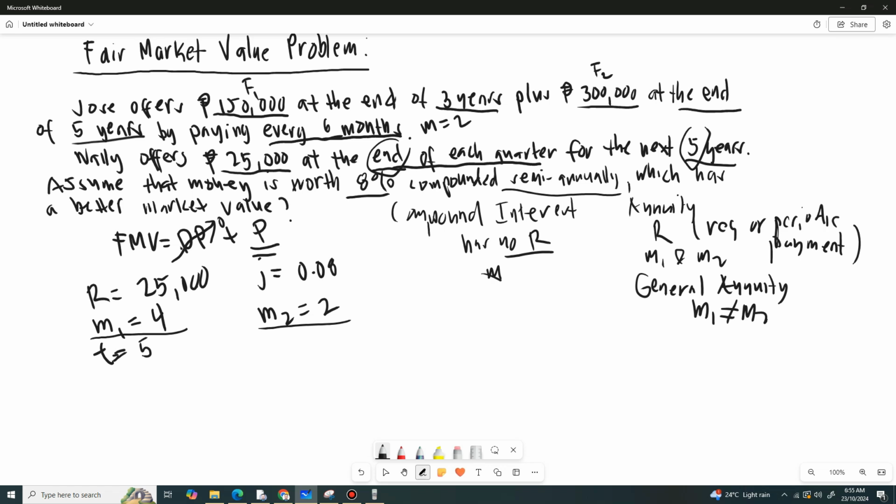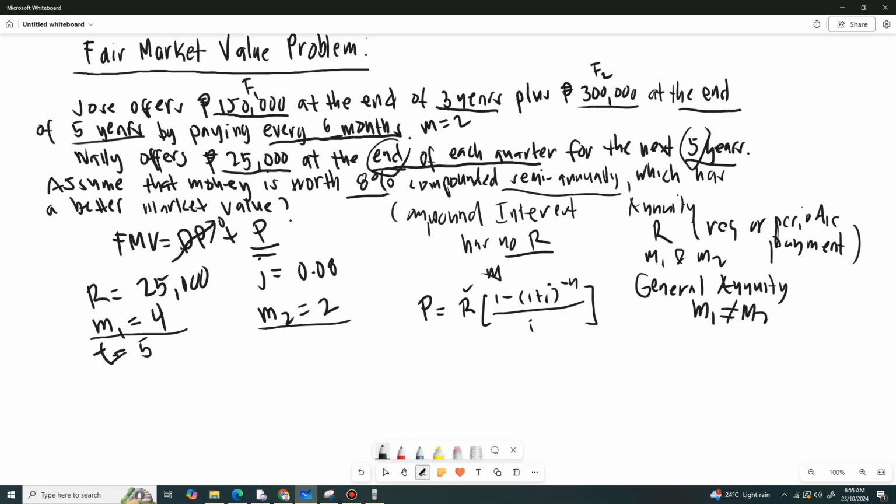So the formula for present value for general annuity is P equals R times 1 minus 1 plus I raised to negative n, over I. To compute P, we have R. However, we don't have I yet.